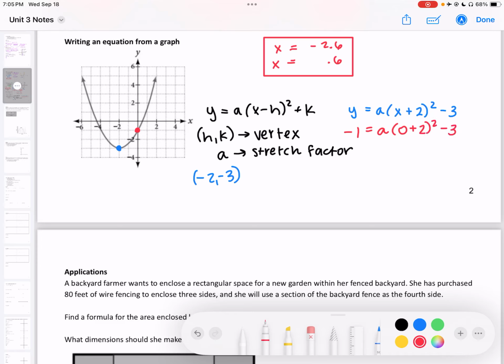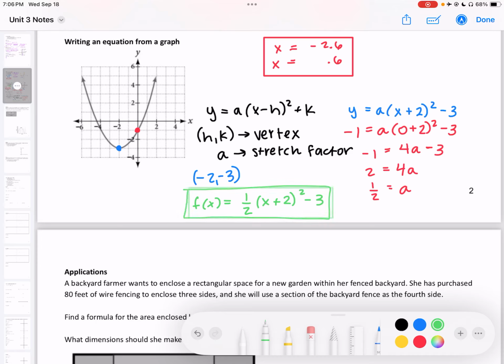I need to go ahead and solve for A. Okay, I'm going to add 3 and I'll have 2 equals 4A, or A equals 1/2. So that means my function is 1/2 times (x plus 2) squared minus 3. That is the equation of the function.